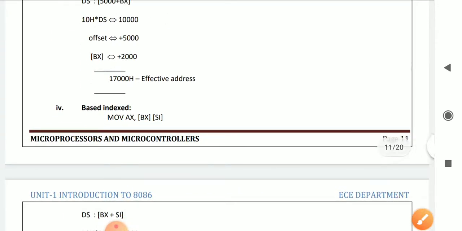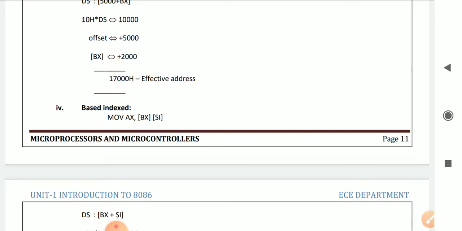The next one is base indexed. In base indexed, always remember that in the operands there will be a base pointer BP or BX and any one of the index registers.